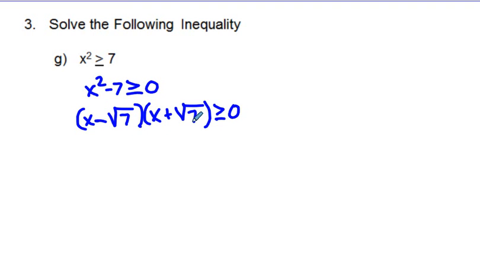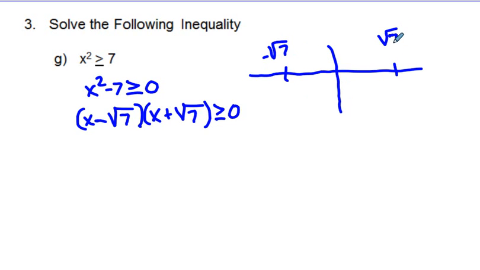So again, if we looked at this graphically, we would have on the left side negative square root of 7. On the right side we would have positive square root of 7. And we would have between them an upward opening parabola.